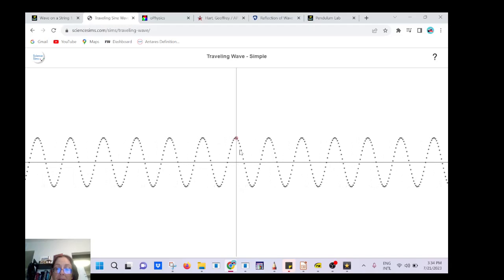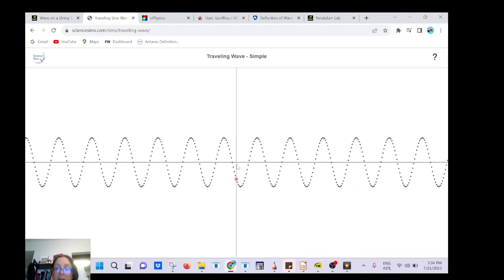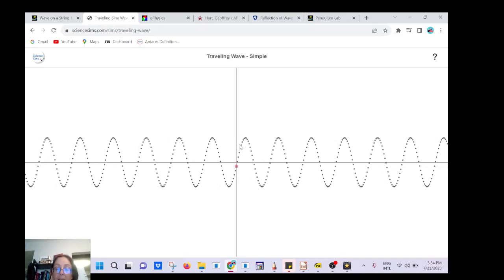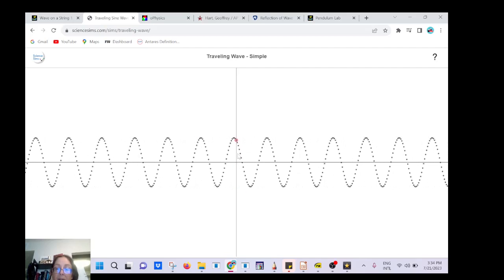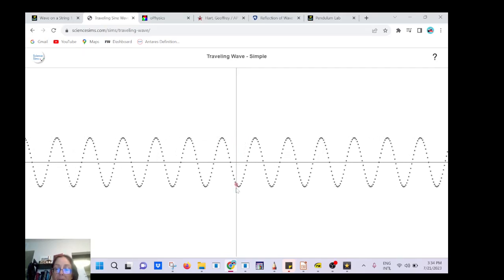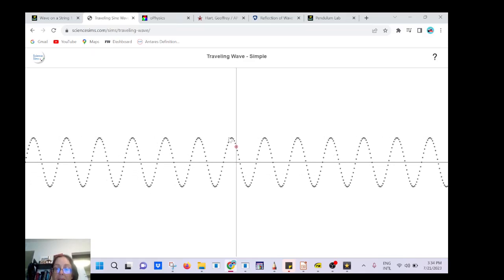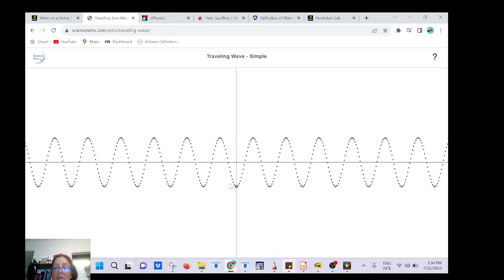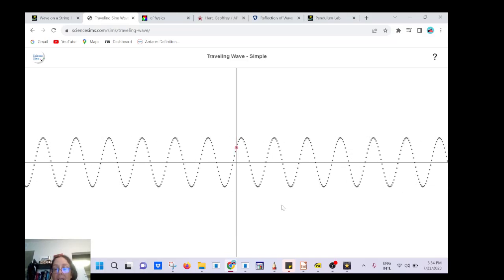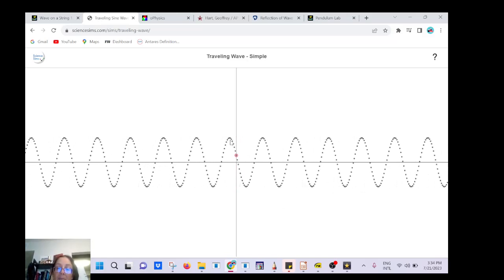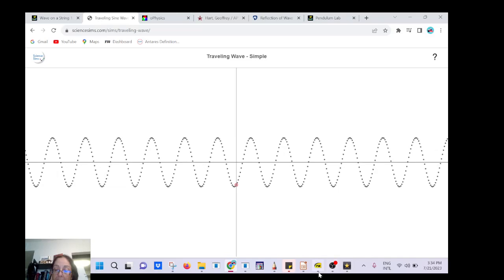So you see, when that particle here sees a crest coming, it's going to go up. If it sees a trough coming, like this one here, it's going to go down. So, okay, look at this one here. It's coming, it's going to go up. This one is coming, it's going to go down. So whether it's going up or down depends on what's coming.